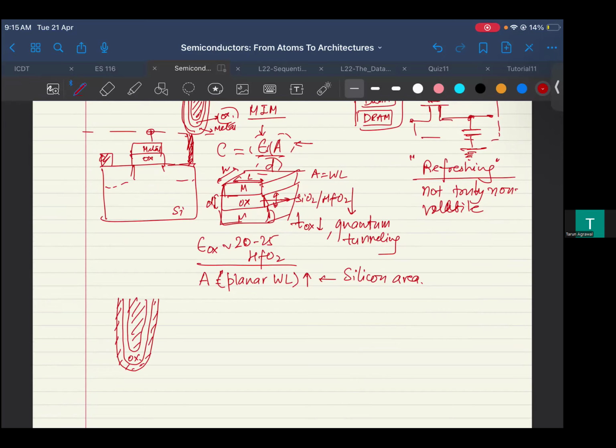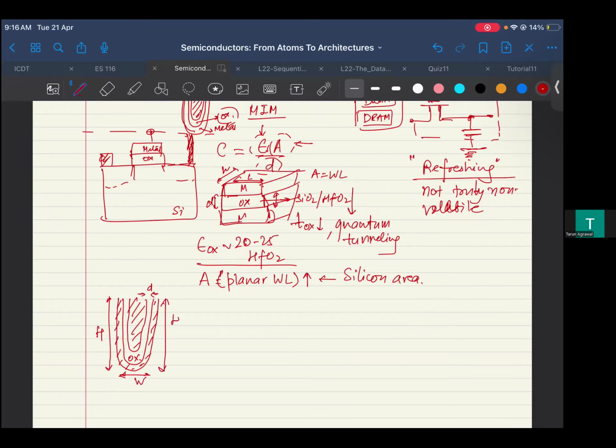So now you see that the distance between the two is still D, but how you are utilizing the area is by this trench. So let's say this is the height of your capacitor, and whatever is the width. So you see that your area or the length in the trench is around 2h, and whatever, let's say this W is, right?